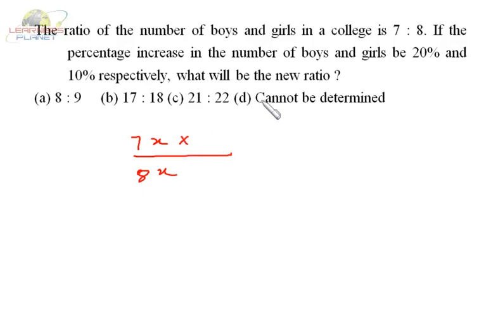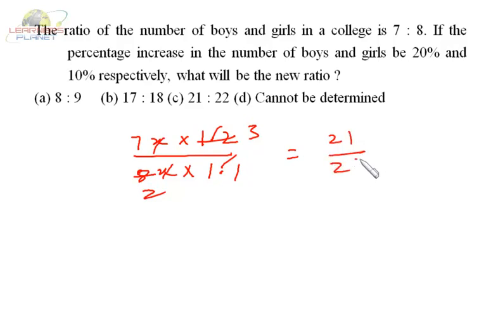Now boys are increased by 20%, so it's 1.2 times, and here it is 1.1 times, since the girls are increasing by 10%. Okay, now what will be the new ratio? 4 2s are 8, 4 3s are 12, so it is 21 by 22. Okay, very simple.